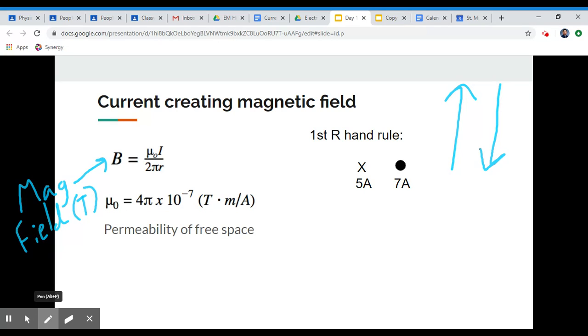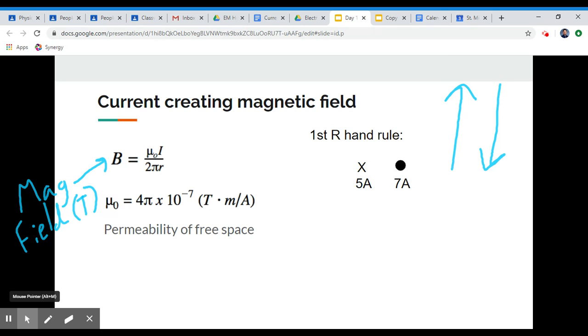So we're dealing with two wires. We have an X here, so that's going into the page, and we have a dot over here, and that is coming out of the page at us. What I drew over here is what it would look like if you were looking at those wires from the top view.